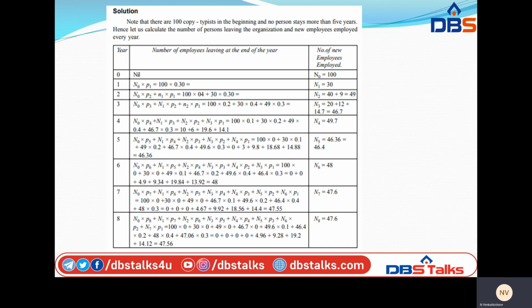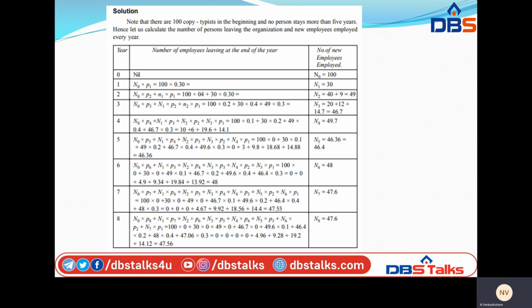So for N5, N6, N7, N8, the probabilities P5, P6, P7, P8 are all 0. So N0 into P5 plus N1 into P4 plus N2 into P3 plus N3 into P2 plus N4 into P1. We already mentioned that P5 is 0.